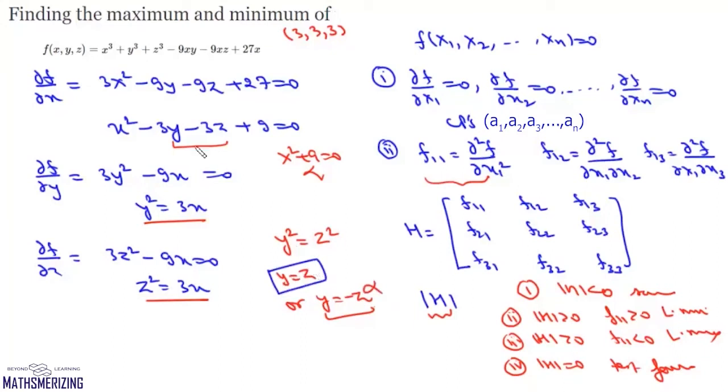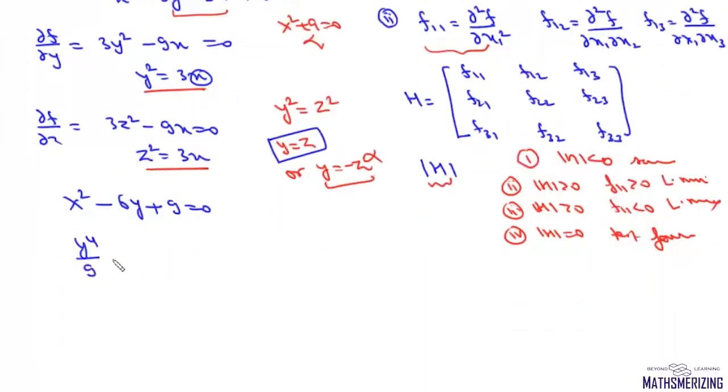Now we'll put y equals z. We can write this first equation as x square minus 6y plus 9 equals 0. And this x is y square upon 3, so we'll put x as y square upon 3. We can write y to the power 4 upon 9 minus 6y plus 9 equals 0.